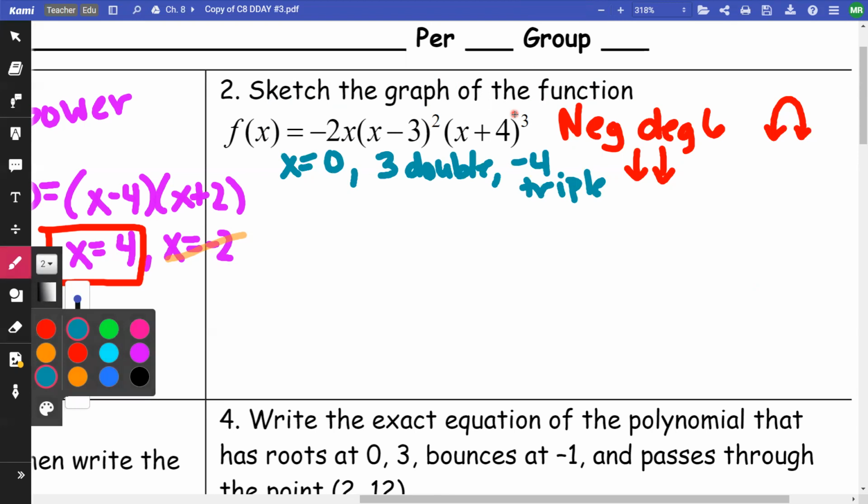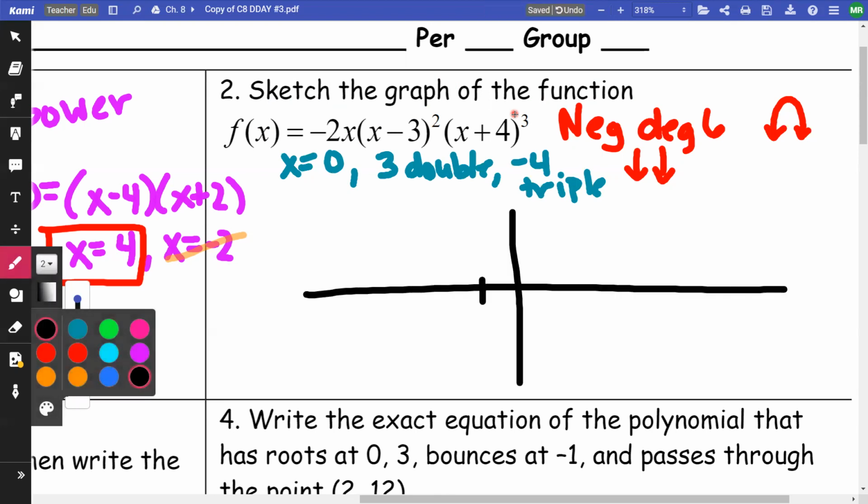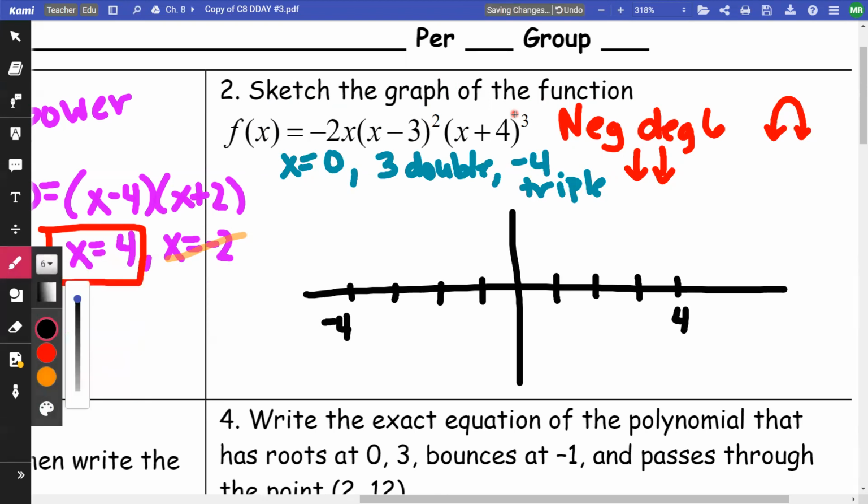So I am going to graph this, not caring about my y-axis, just my x-axis. So this is going to be 4, this will be negative 4. So when I plot my zeros, I have a 0 here at 0.